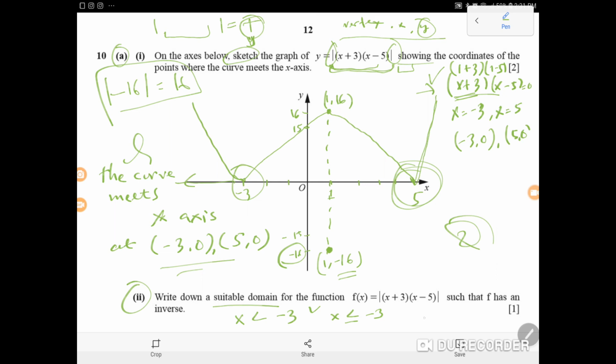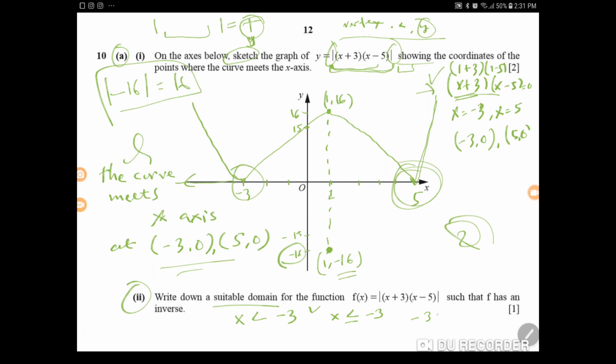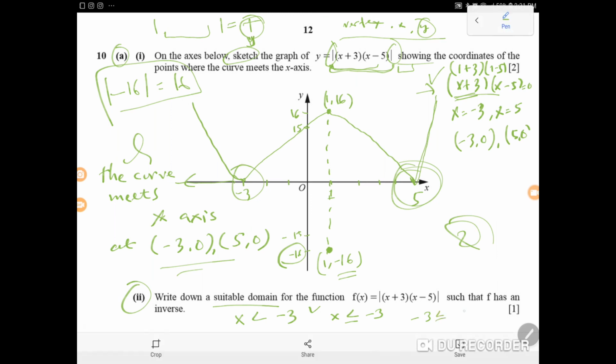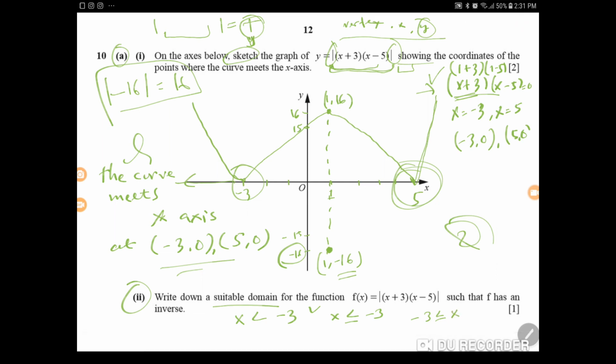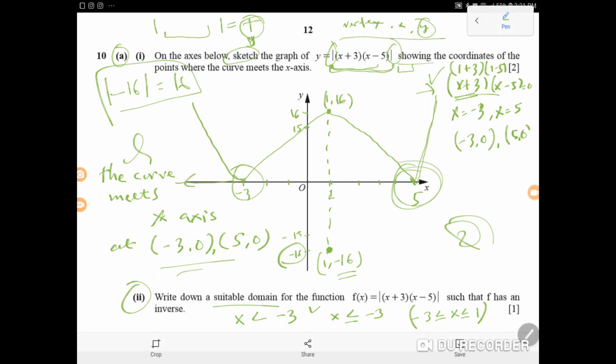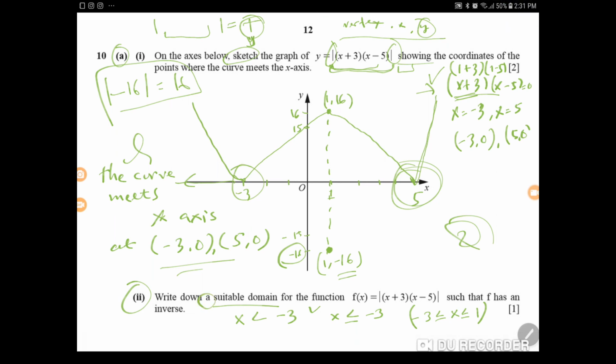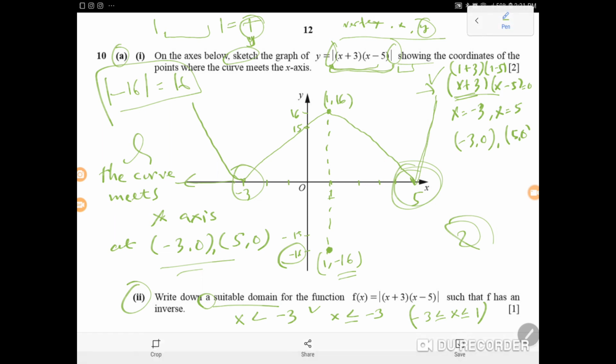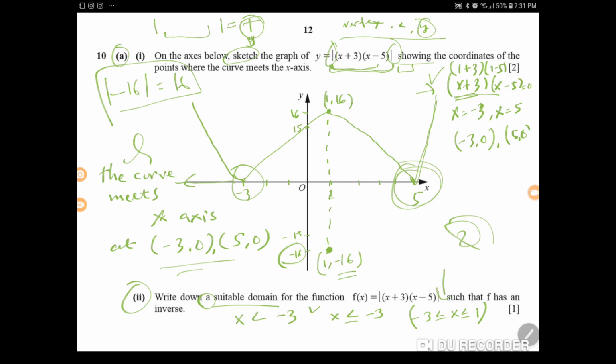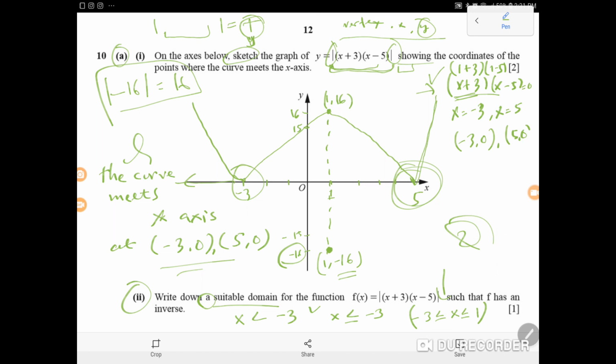You can also write it from negative 3 all the way up to 1. Now you answer with one of these only, you cannot answer all of them, because it says a suitable domain, so it is just one. If you answer this one, it is correct. Why? Because it is a one-to-one function.